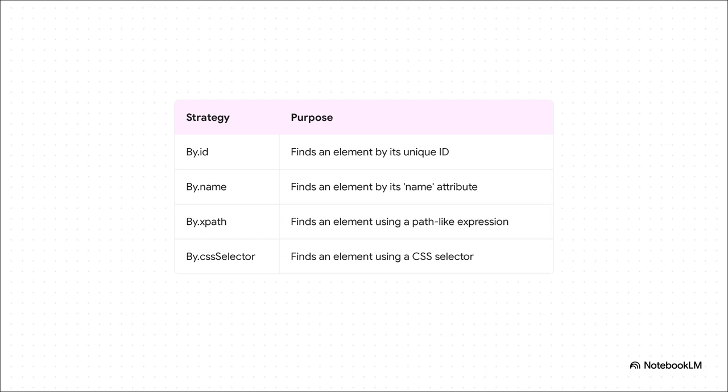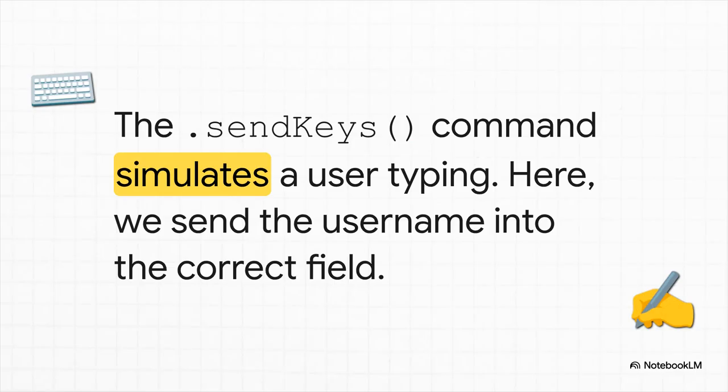Now, Selenium gives us a whole toolkit for finding elements. The gold standard is usually by.id, since IDs are meant to be unique on a page, which makes them super reliable. That's what we'll use for our text fields. For the login button, though, we'll use an XPath, which is kind of like giving our script a GPS route through the page's code to find what it's looking for. And once we found our element, we can finally interact with it.